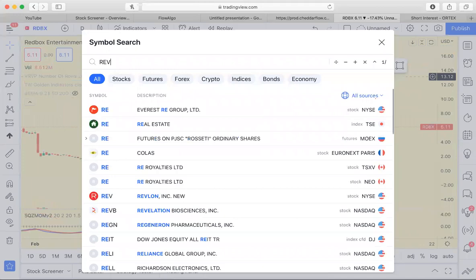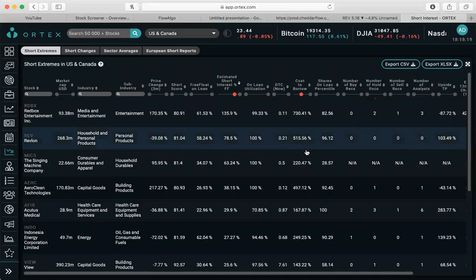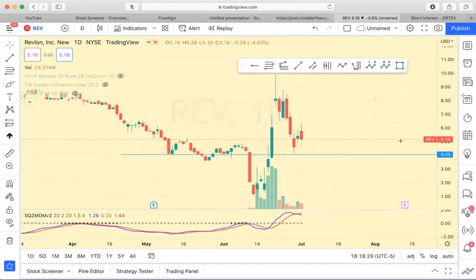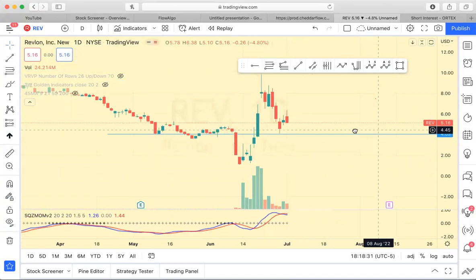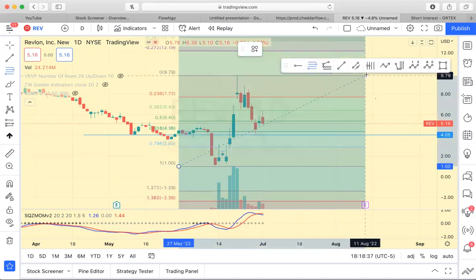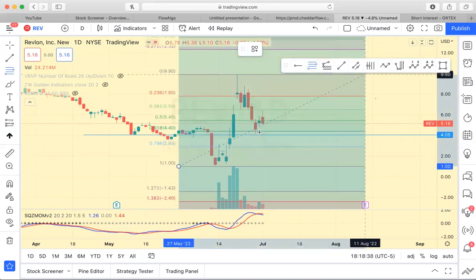And basically, I'm looking here. This has 78% short interest and 515% cost to borrow. So I know a lot of shorts are in this, and I know it's very expensive for the broker to find, right? So this is a pretty nice looking chart. You can get your levels. You can see we bounced here.